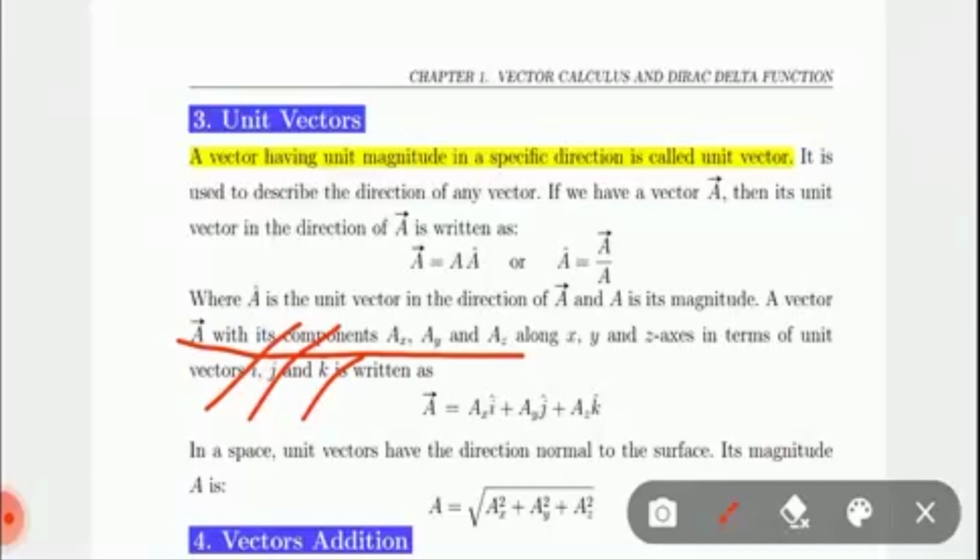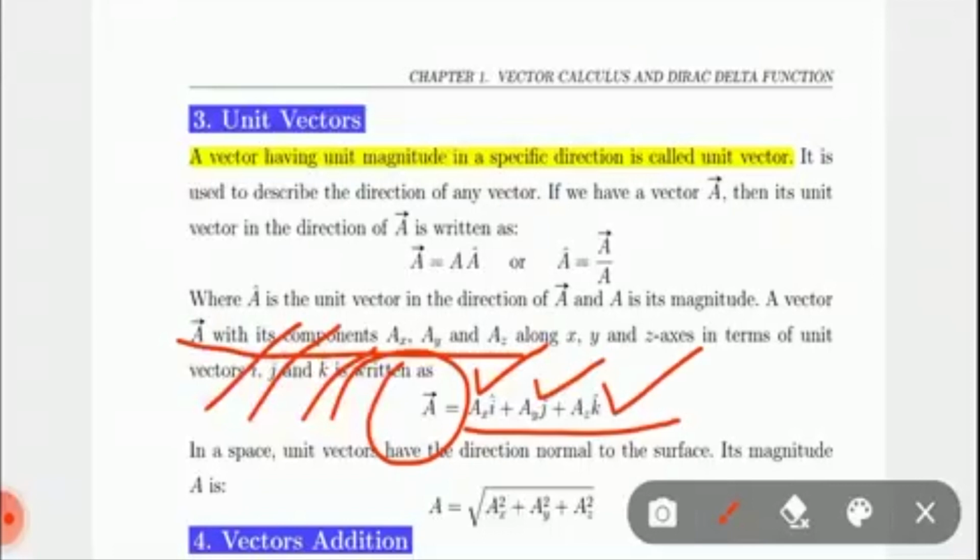In the next equation, on the left hand side there is a vector A, and on the right hand side it is written in the form of its components. The first component is Ax along the x direction, and the unit vector i represents the x direction. The second component is Ay, and here the unit vector j represents its direction along the y-axis. And the third component is Az, with the unit vector k representing the z direction.